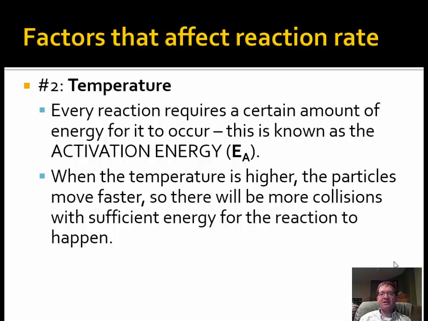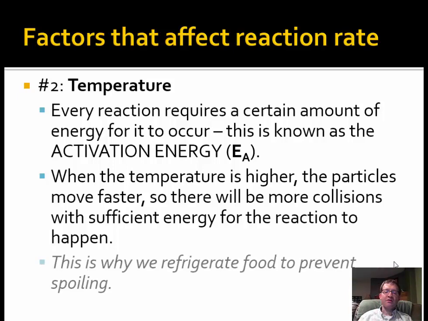If suddenly we made those changes, there'd be all kinds of collisions because people would be going faster than they could safely handle the turns or handle the speed or the braking, and there'd be more collisions. So just by turning up the heat, just by moving those particles more quickly or allowing them to, there's going to be more collisions available for those A's and B's to bump into each other and make new products. So temperature is a pretty straightforward one.